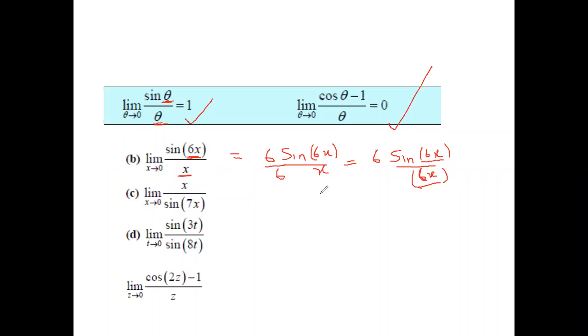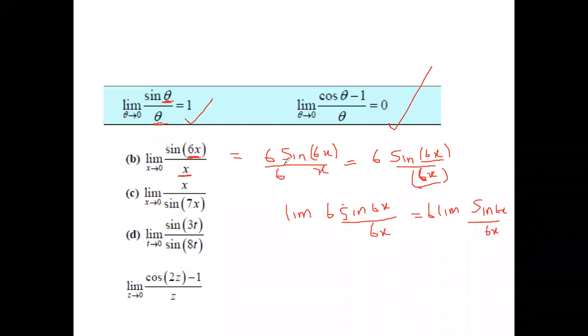Okay, so if that is the case, when I find the limit of that resulting expression, sine 6x over 6x, this will give me, per the rule, a constant times a function, just 6 times the limit of sine 6x divided by 6x.